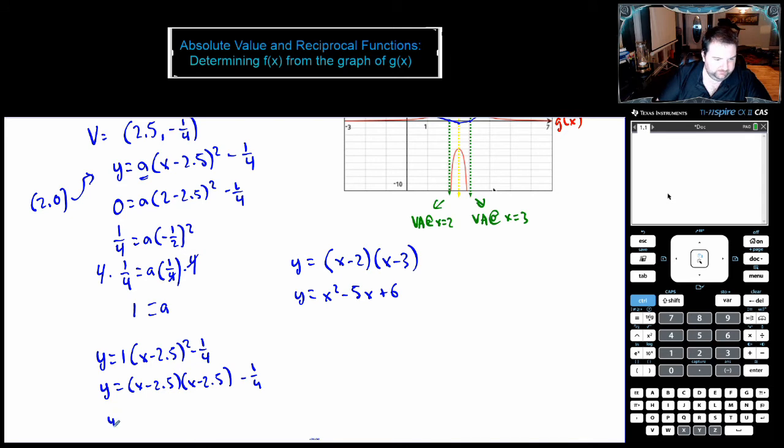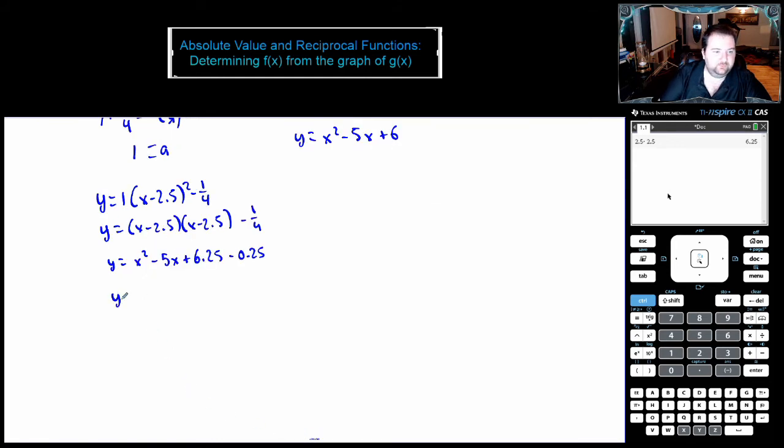This is going to lead to x squared minus 2.5x minus 2.5x, which is going to be minus 5x. And 2.5 times 2.5 is 6.25. So plus 6.25 minus, let's call this 0.25. And there we go. That's going to bring us back into y equals x squared minus 5x plus 6.